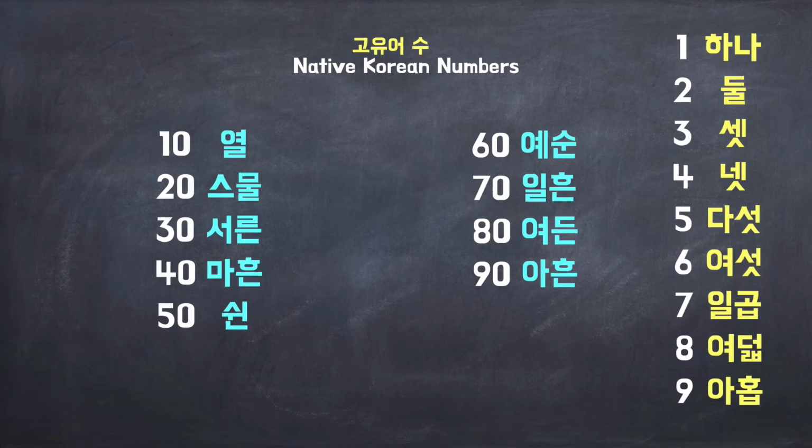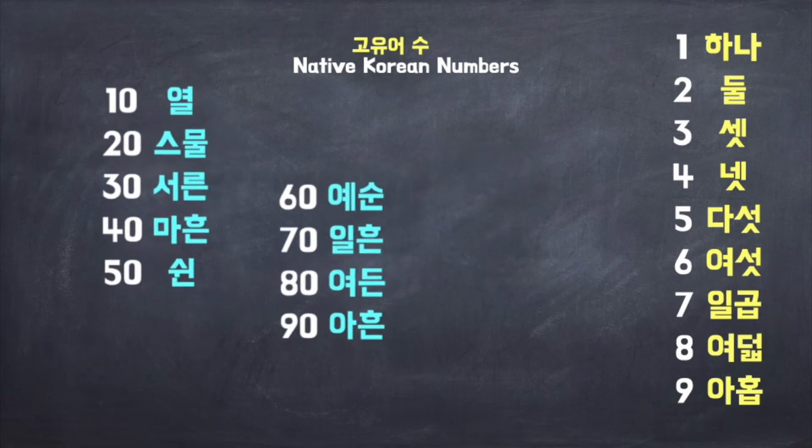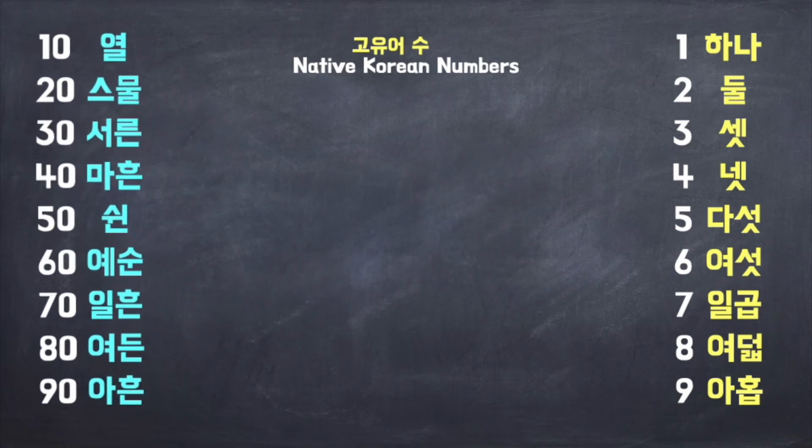Let's count again. 열, 스물, 서른, 마흔, 쉰, 예순, 일흔, 여든, 아흔. They are basic native Korean numbers, so you should memorize these numbers. That is the first thing you have to do.